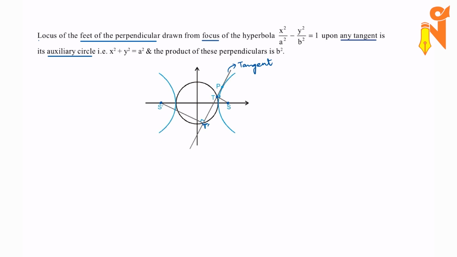So T and T dash lie on the auxiliary circle, and the product of these perpendiculars ST and S dash T dash is equal to b square, which is nothing but the square of the semi-conjugate axis.